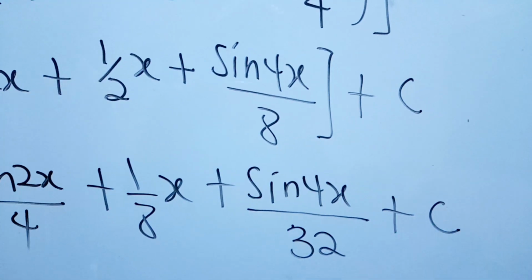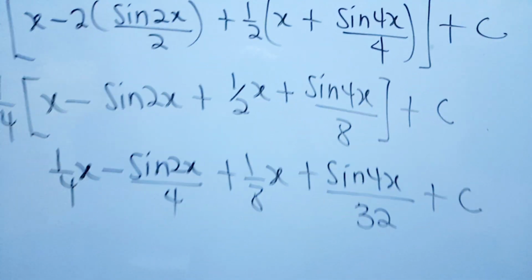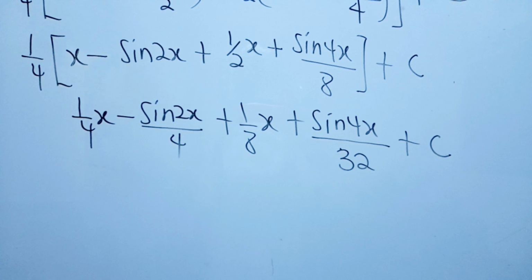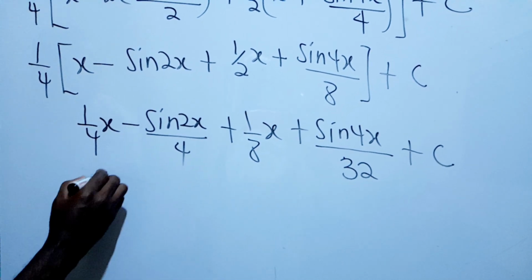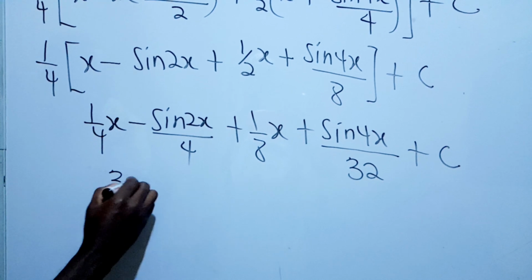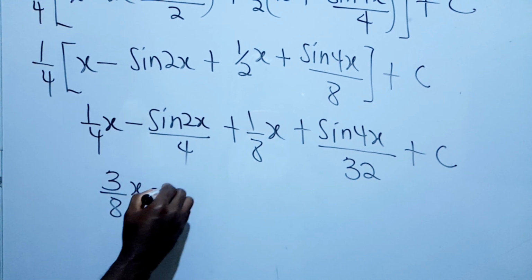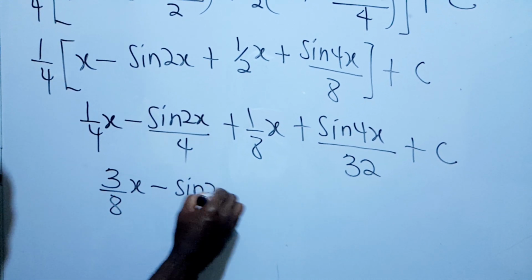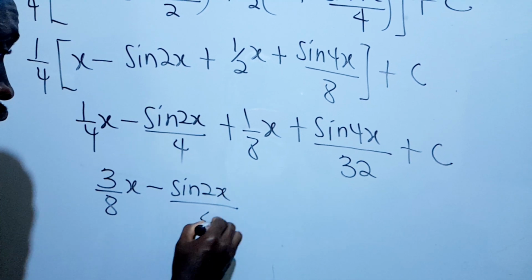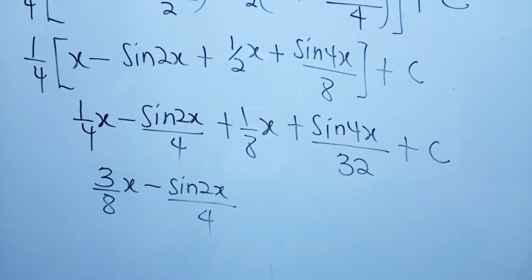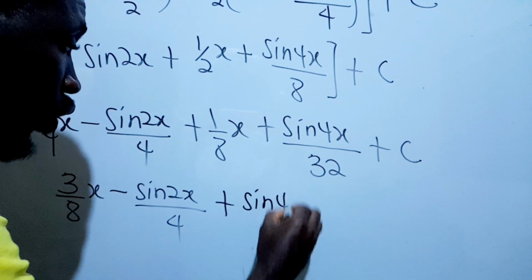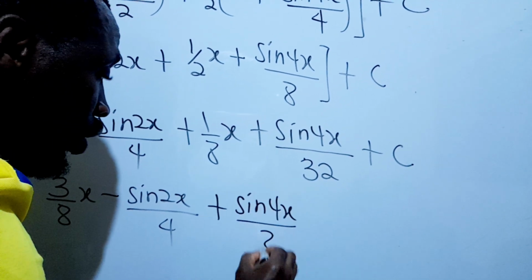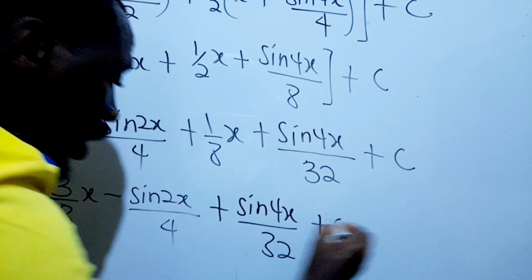Then plus our constant of integration. So we can add 1/4 x to 1/8 x, and we'll get 3/8 x. Then minus sine 2x over 4. Then plus sine 4x over 32. Then plus our constant of integration.